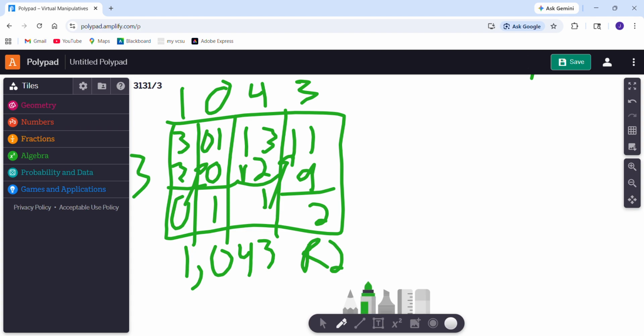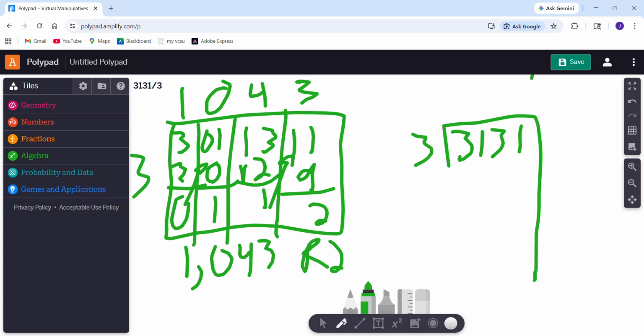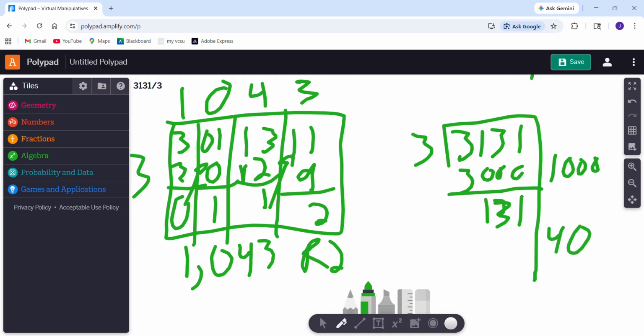Now, doing it the other method, you would simply go 3 1 3 1 and put 3 there. Now recognizing, let's get the big chunk out. Go to 3,000. 3 times 1,000 equals 3,000. That leaves you with 131. Now 3 times 40 would equal 120.